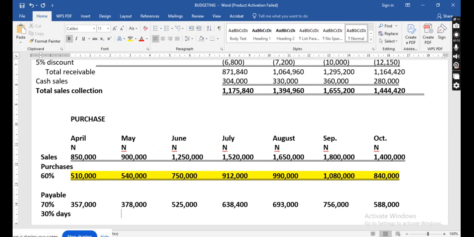Now give me the figure. 30% of 510. 15300. 30% of 540. 162. Next.